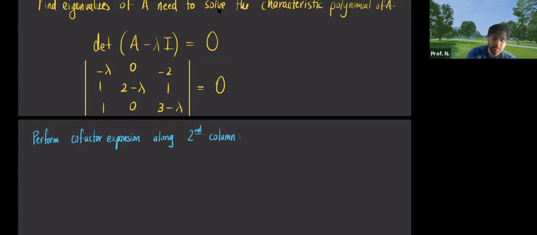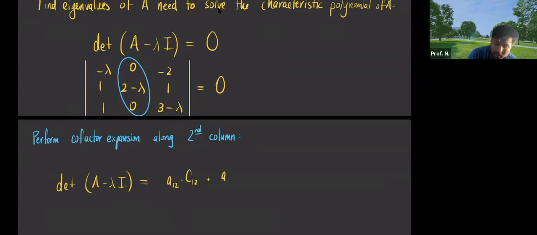So why is that? Do you guys remember how we go about this? The determinant of A minus lambda I, if I do this along this column here, is going to look like A12 times C12 plus A22 times C22 plus A32 times C32.